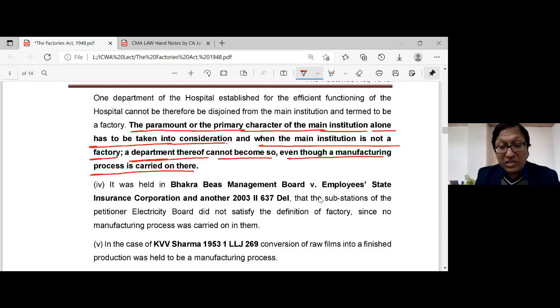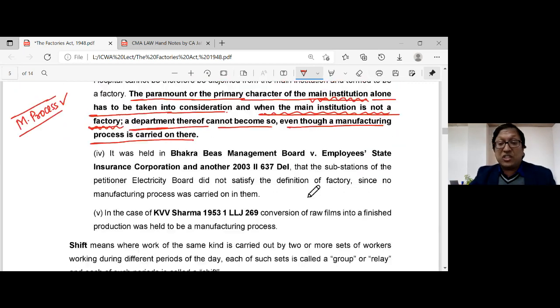So if you ask whether a manufacturing process is going on there, yes, it is going on there. But what we need to see is the main institution. When the main institution is not a factory, a department thereof cannot become a factory. That thing you need to learn, that this was held in this case.